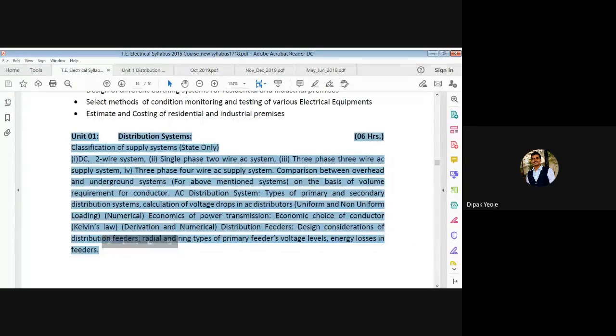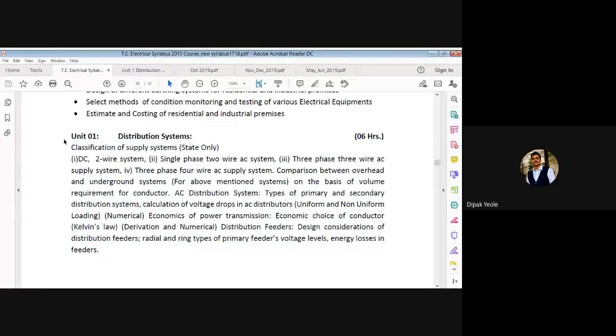The paper of EIMT is, I guess, on 16th of October. It is of 1 hour, from 10 to 11, and that can be in online mode. Those who have selected the offline mode have to appear at a particular center and write the paper. But I guess many of the students from your class have selected online as an option.